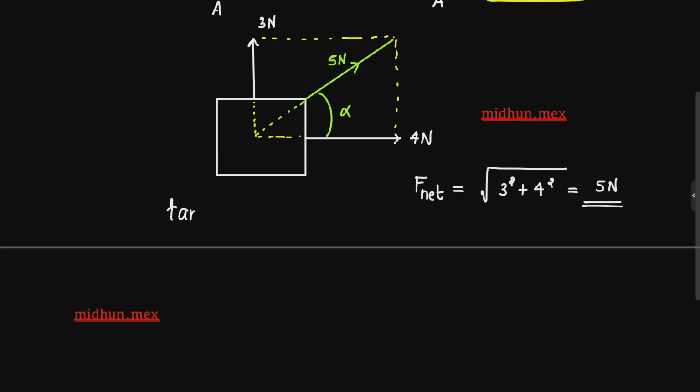Tan alpha is opposite side, that is 3, adjacent side 4. 3 by 4, if you take in calculator, approximately 37 degrees. So we can remove the 4 Newton force, remove the 3 Newton force, and put a 5 Newton force making an angle of 37 degree with the horizontal. Then you can do that problem.